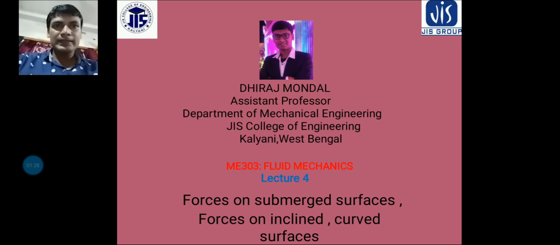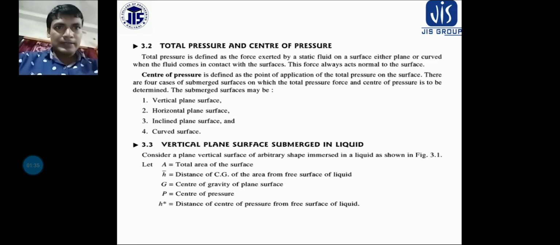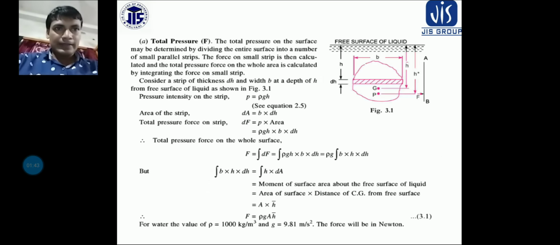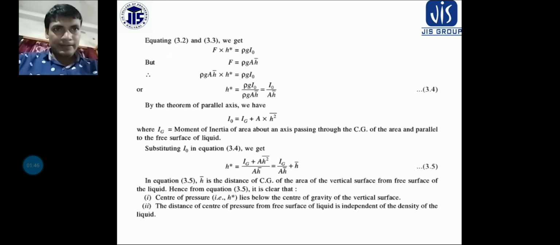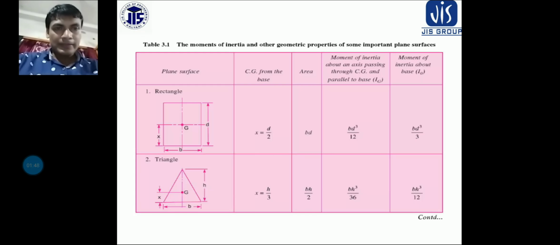So, let us start. You know that this part was discussed: introduction, total pressure, center of pressure, vertical plane surface submerged in liquid. We discussed how to calculate the center of pressure.